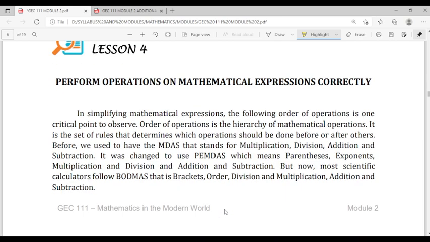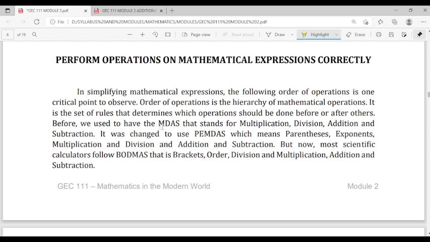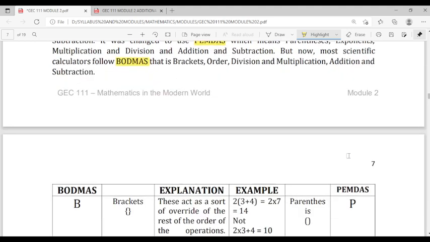So here is what I was saying: before we used MDAS, PEMDAS, but now we can still use PEMDAS or BOMDAS. BOMDAS stands for brackets, order, division, multiplication, addition, and subtraction.